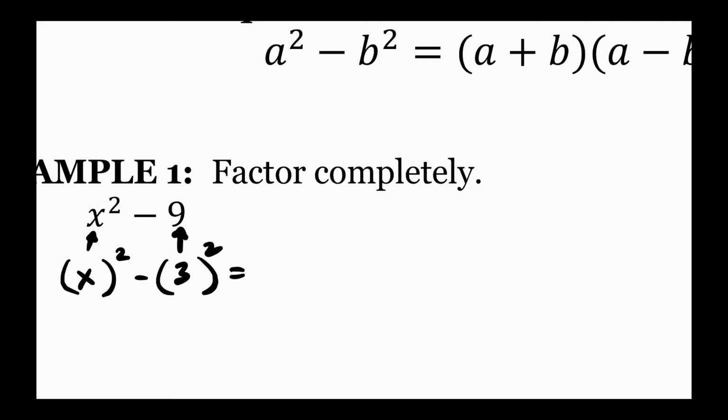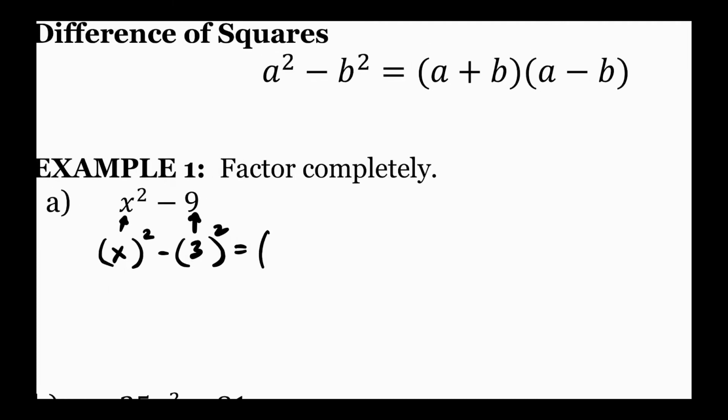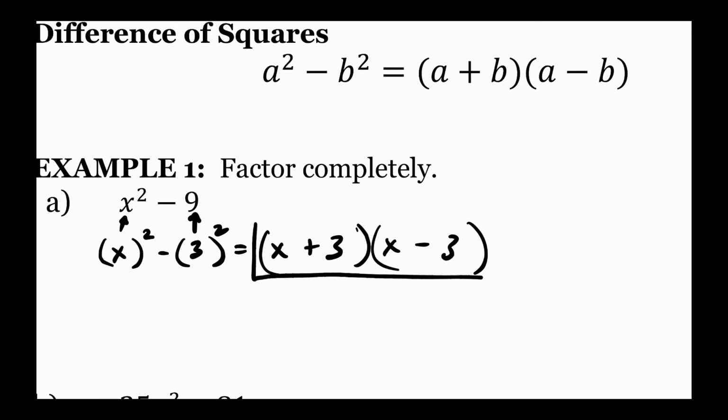We can use this one here. So a plus b, so we're going to have a plus here and a minus here. The first term is x, the second term is 3, because x times itself made x squared, and 3 times itself made 9.